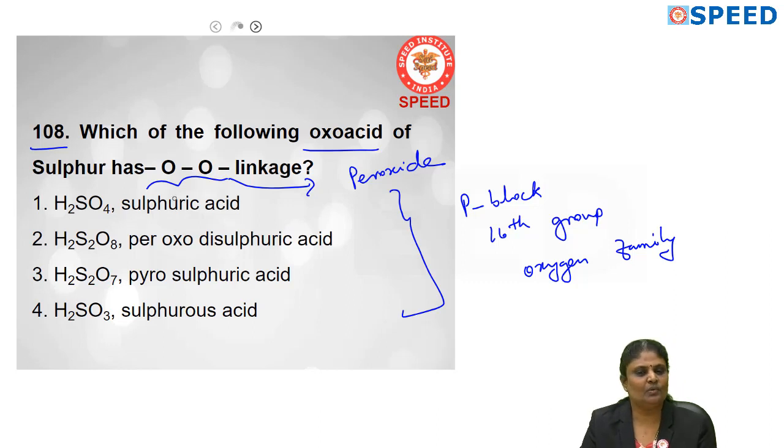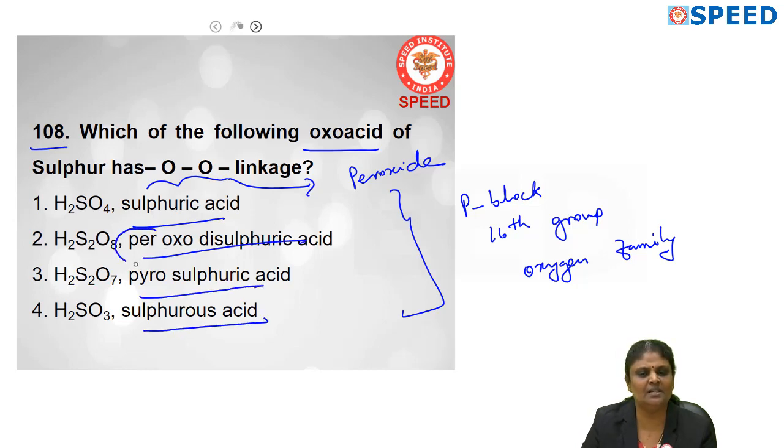H2SO4 sulfuric acid, H2S2O8 peroxodisulfuric acid, and pyrosulfuric acid and sulfurous acid. This is a very easy question, since the name is also given in your question paper, so from the name itself you can easily decide.